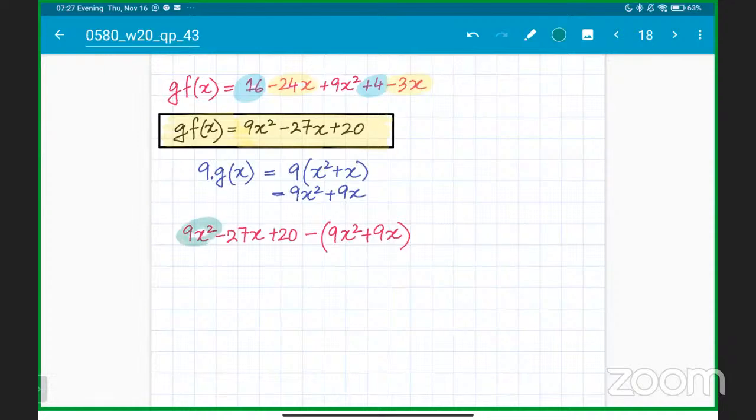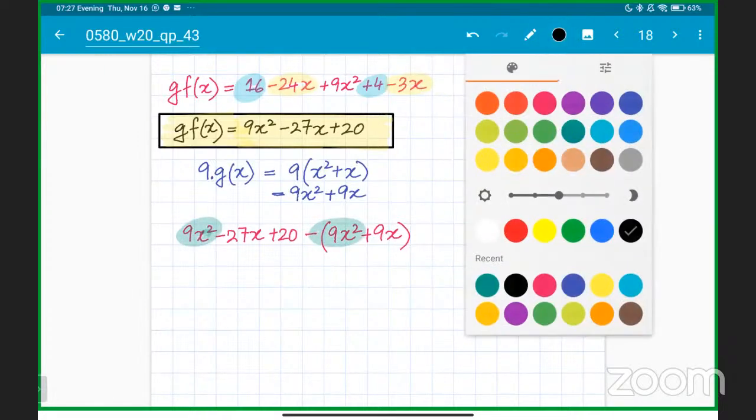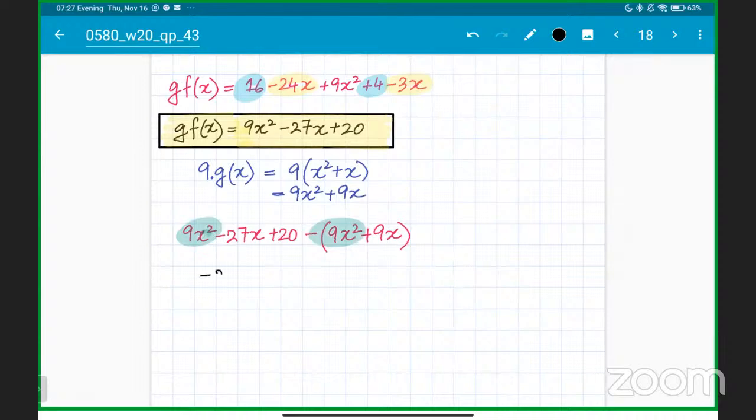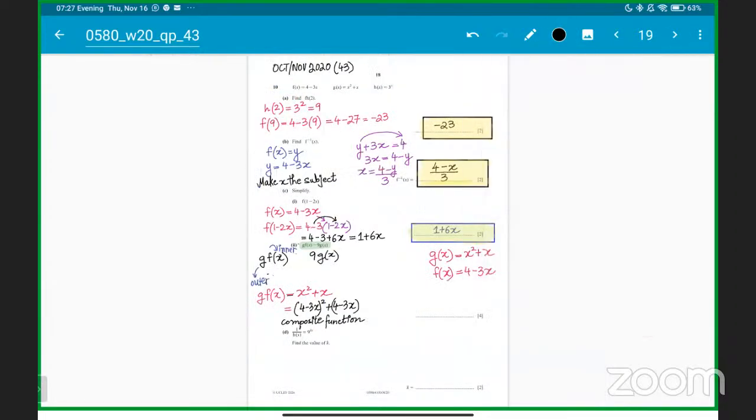Follow carefully. And eventually, students, you will be left with minus 27x plus 20, and minus 9x. So minus 27 minus 9 must be minus 36. So 20 minus 36x.